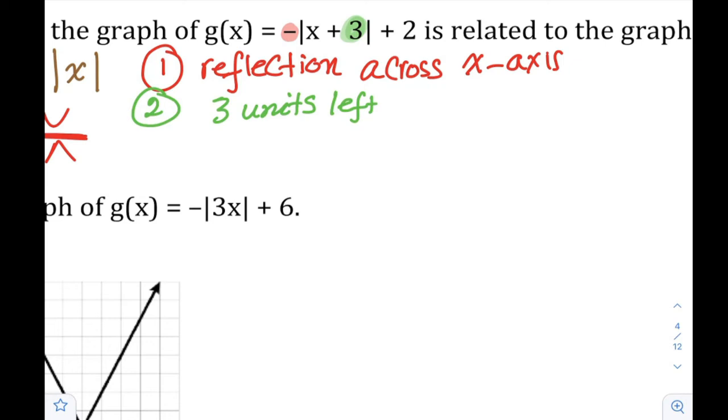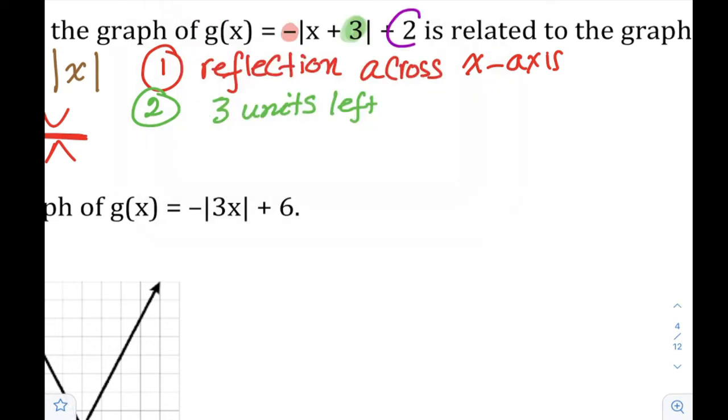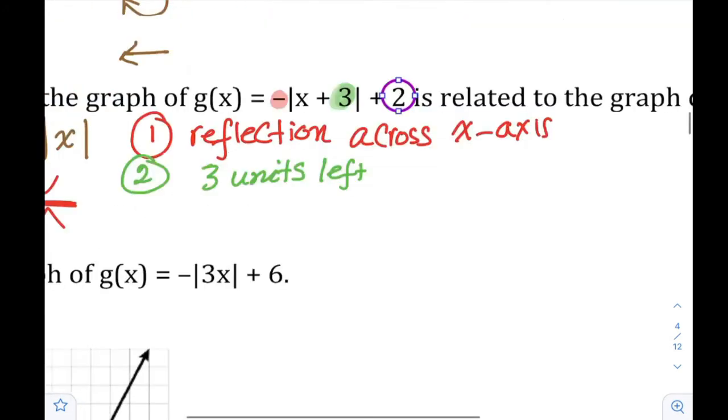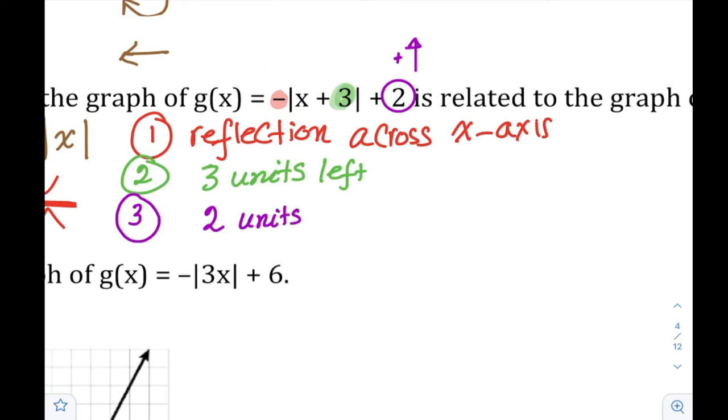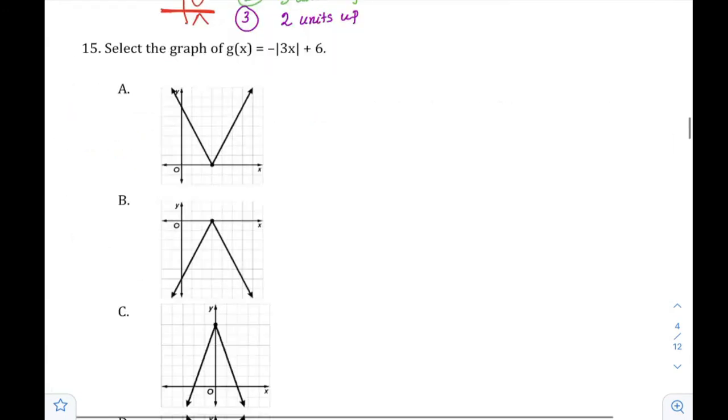We have also here the 2 is outside with a plus. So that means it will have vertical translation, either up when it is positive, or down when it is negative. So it's up. That means we have here vertical translation 2 units up. إزاحة إلى الأعلى. All the transformations are mentioned here.